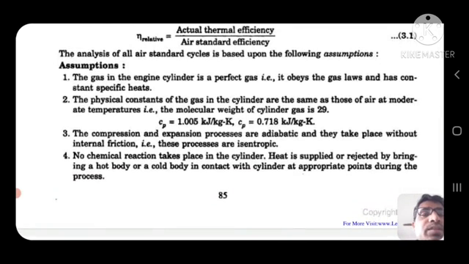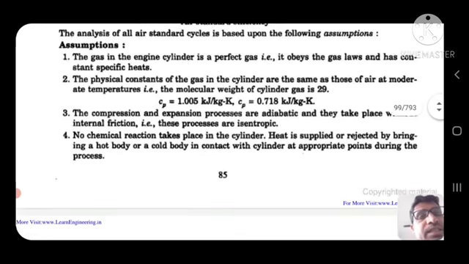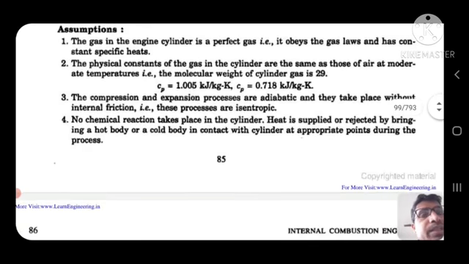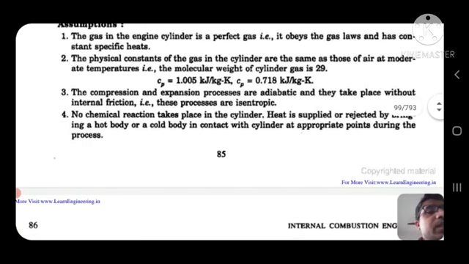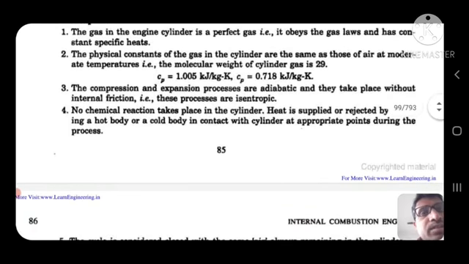The analysis of the air standard cycle is based upon the following assumptions. The gas in the engine cylinder is a perfect gas. It obeys the gas laws and has constant specific heats.